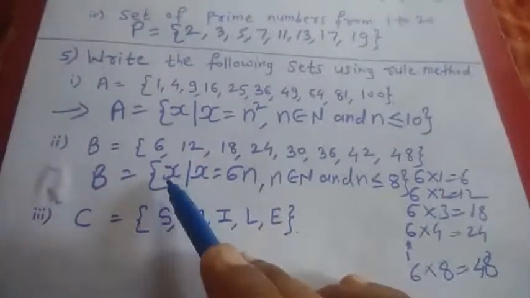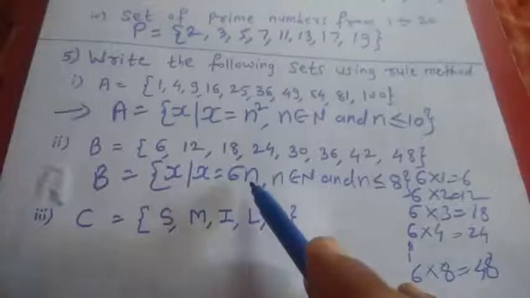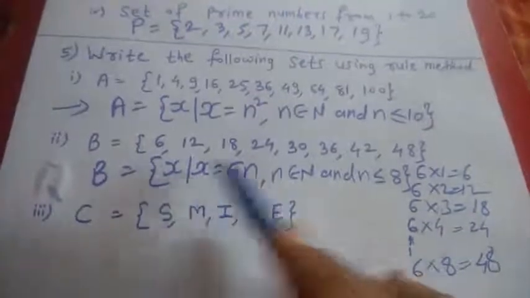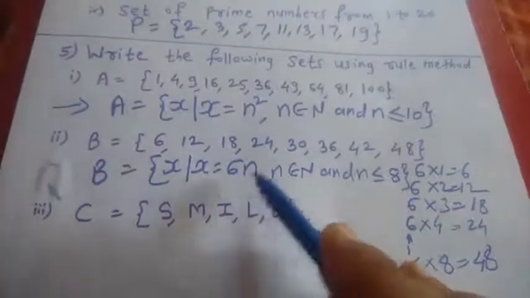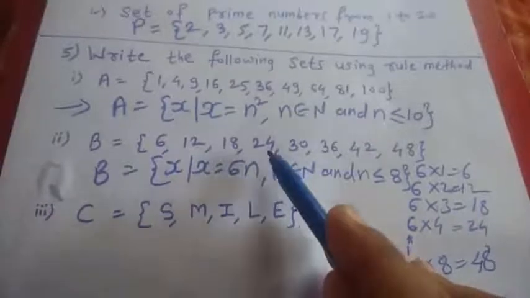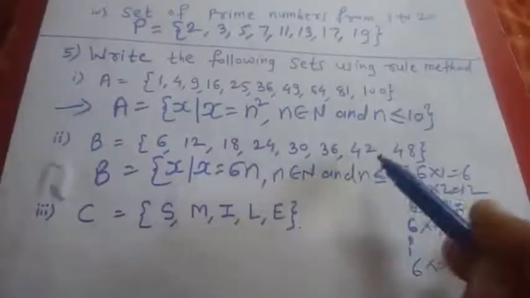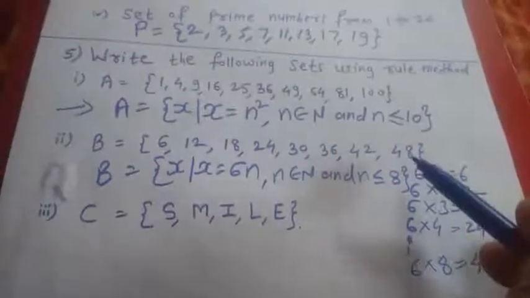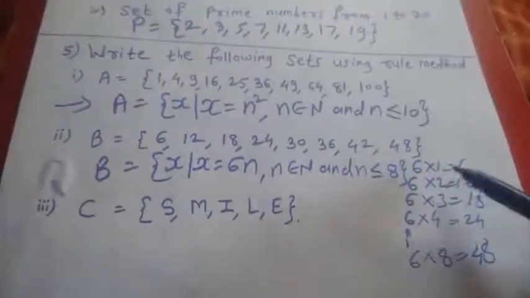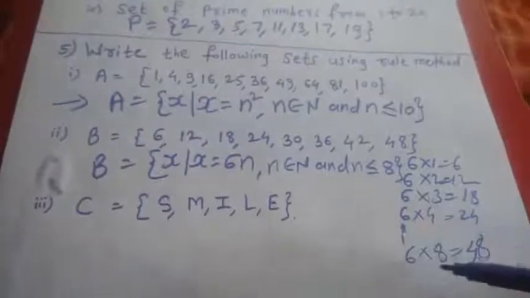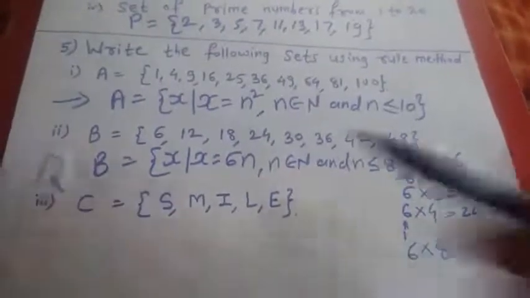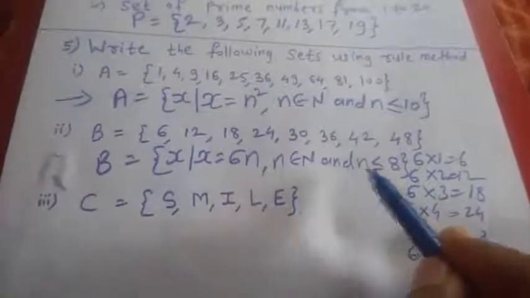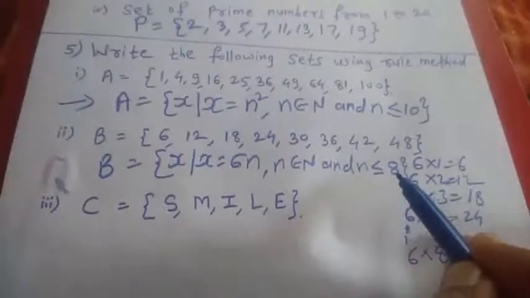B is equal to x such that x is equal to 6n. 6 into 1 is 6, 6 into 2 is 12, 6 into 3 is 18, 6 into 4 is 24, likewise 6 into 8 is 48. The last element is 48. So this n runs from 1, 2, 3, 4 up to 8. So here the condition is n is less than or equal to 8.